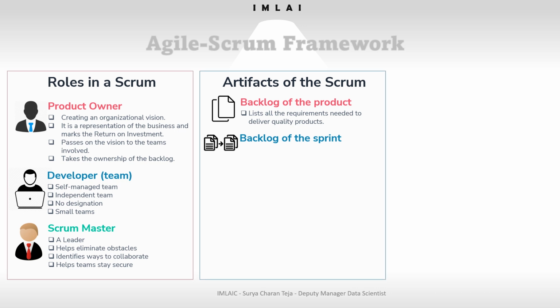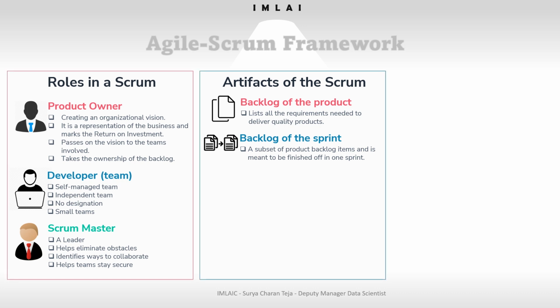That's the backlog of the sprint. It is a subset of the product backlog items and is meant to be finished off in one sprint. These are called backlog of the sprint.